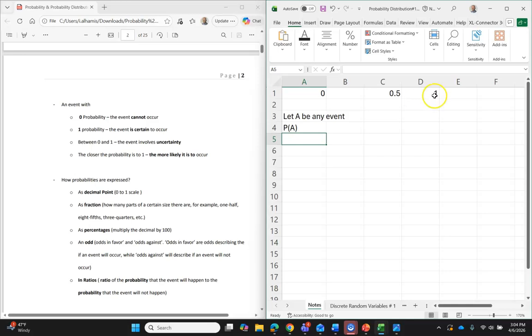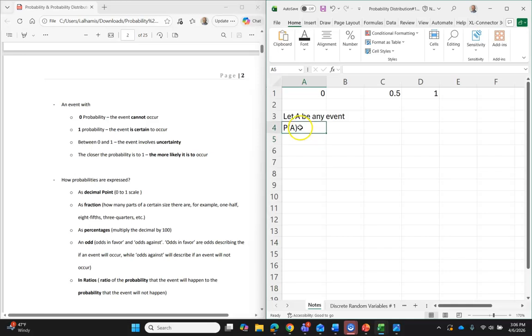So the closer the probability is to 1, the more likely the event is to occur. The closer you get to 1 probability, an event is more likely to occur. And the closer the probability of an event is towards 0, the more likely it is that the event will not occur.